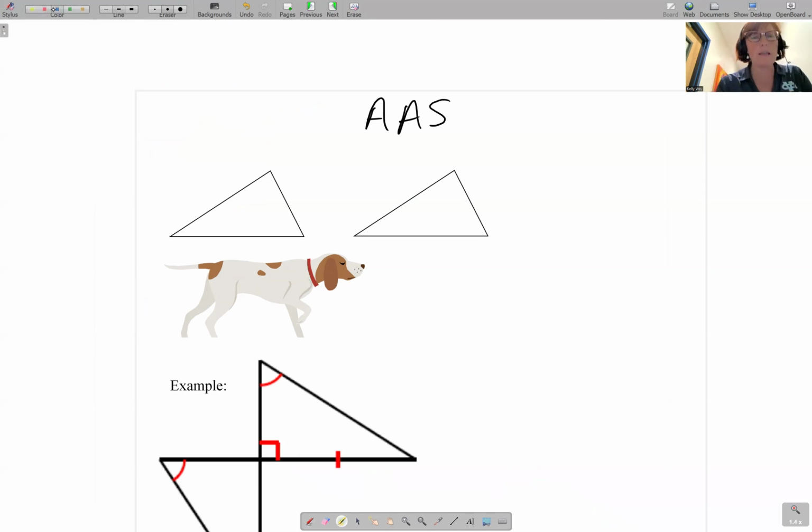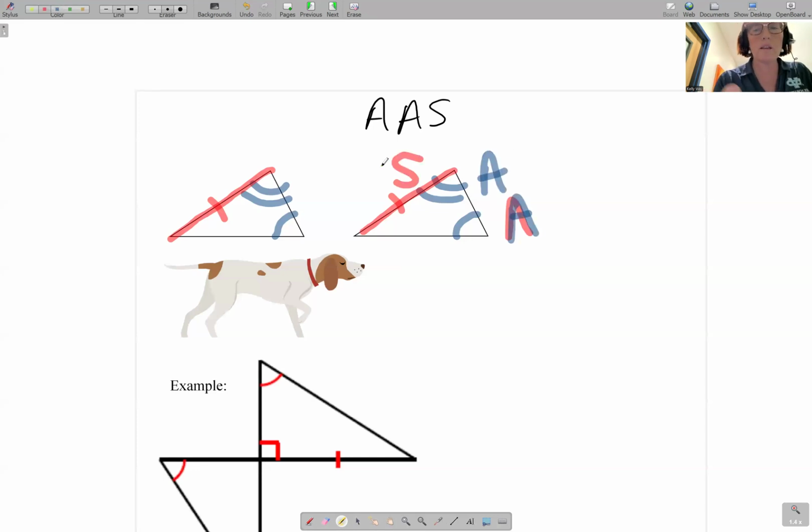This shortcut says if you have a pair of angles, then you have another pair of angles, and then you have a side, which I call the tail of only one angle. That spells angle. Oh, let me keep my colors consistent here. Angle, angle, side. I call that the tail because what I'm envisioning is a dog.